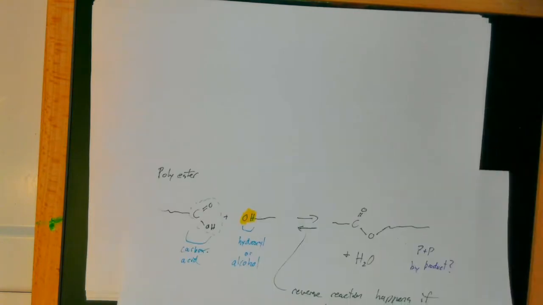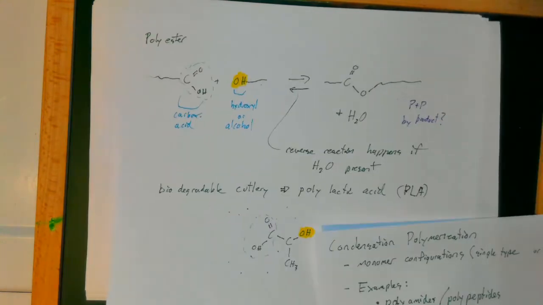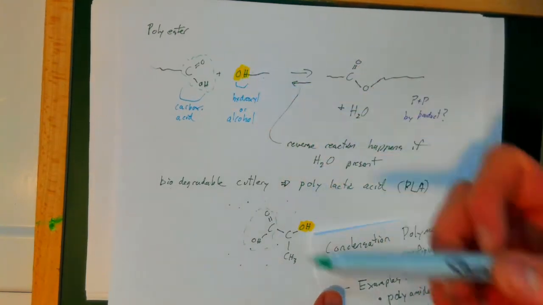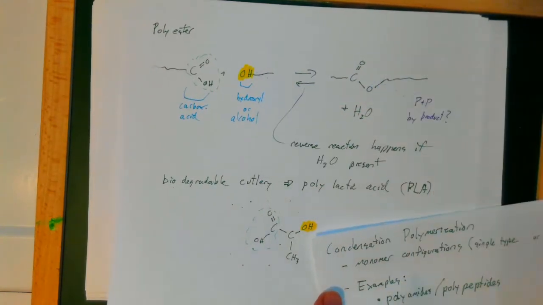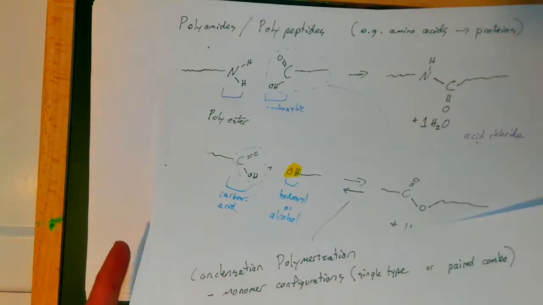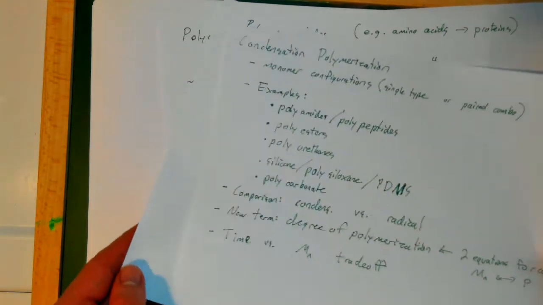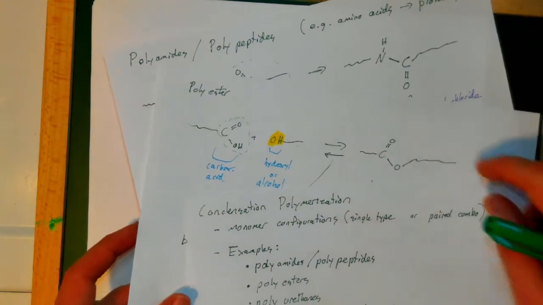So that's the usefulness of polyesters and what makes up their bond. So, what's the key thing here? If you see a carboxylic acid and an alcohol, they could probably react to form this. And in contrast, polyamides, there's a carboxylic acid reacting with an amine group to form a bond that looks like this.